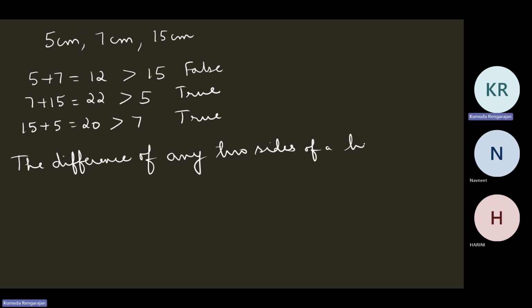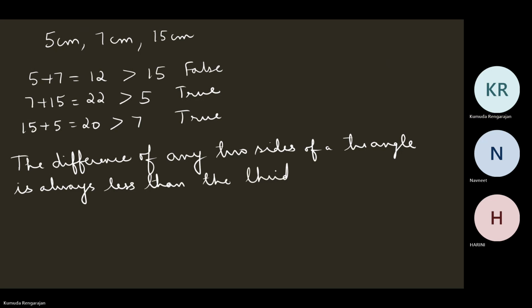The difference of any two sides of a triangle is always less than the third side. The sum of any two sides of a triangle is always greater than the third side. The difference of any two sides of a triangle is always less than the third side.